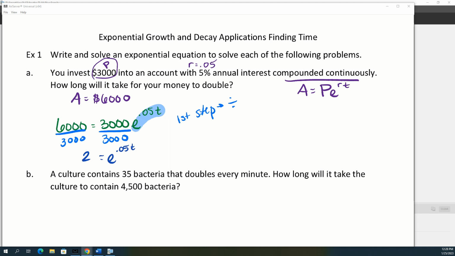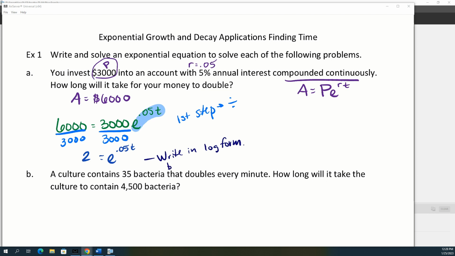All right. What we're going to do is write in logarithmic form. If the base is e, what kind of log is it? It's a natural log.